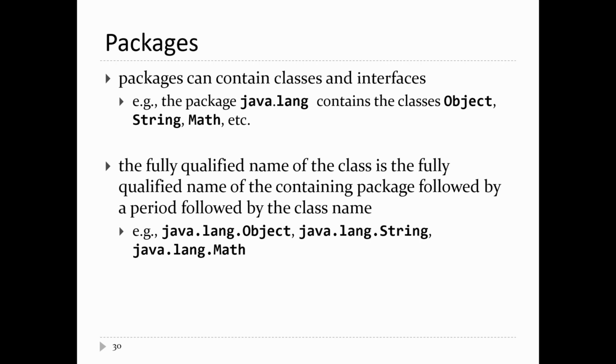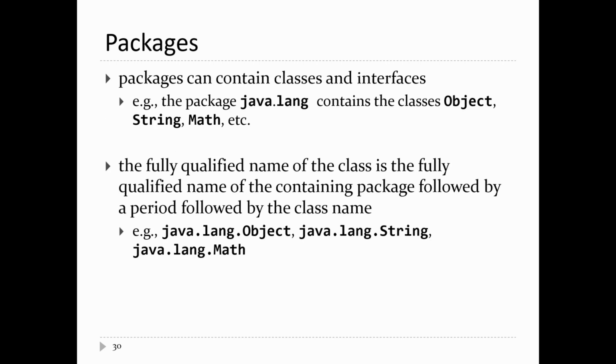Okay, so a package can contain a package, but it can also contain classes. So for example, java.lang contains the class String that we talked about a few lectures ago. java.util contains the ArrayList class, and so on and so on and so forth. The Math class is also in java.lang.